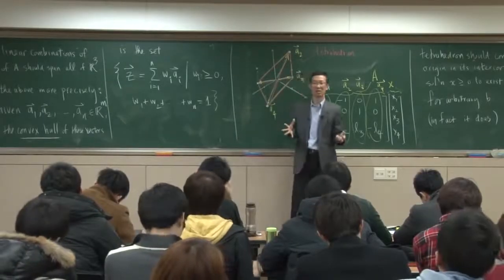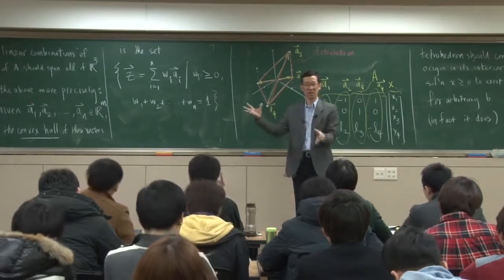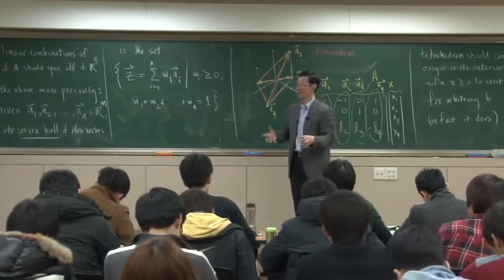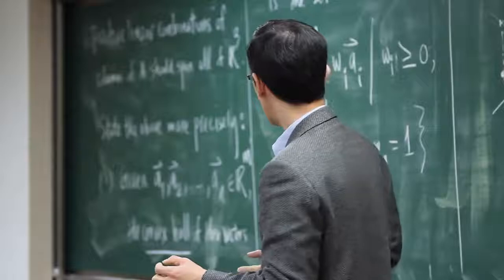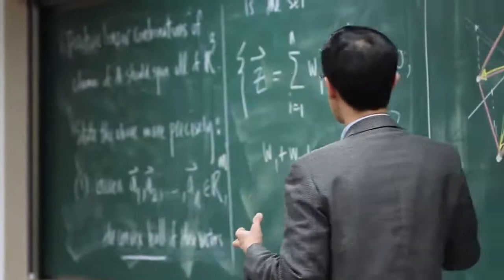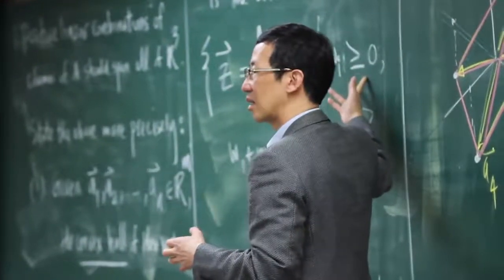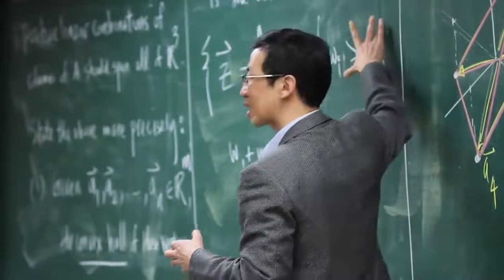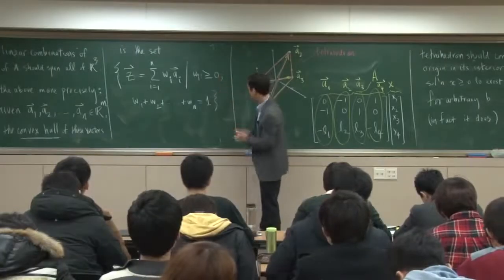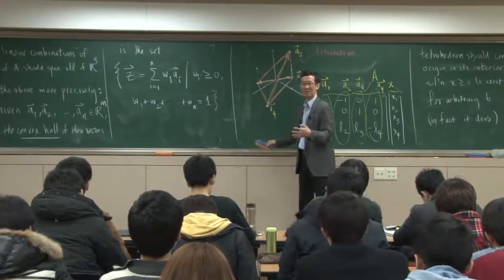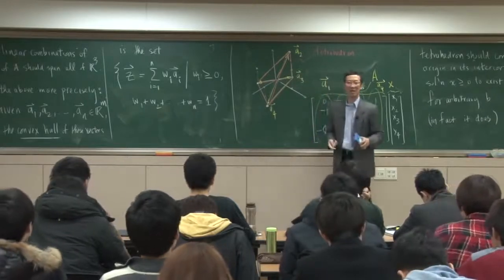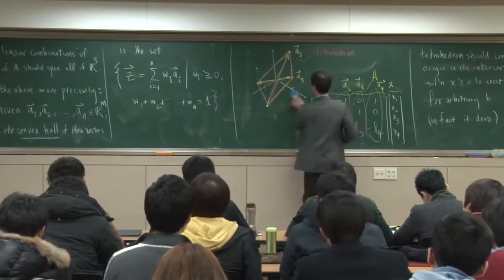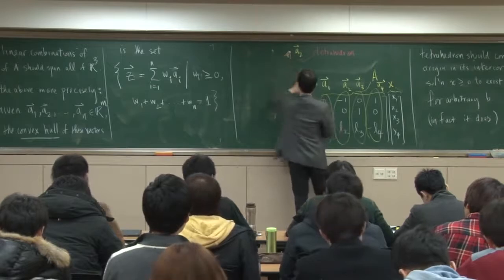So that's the convex hull. Given a collection of vectors or points in Rm, its convex hull is defined by this set. If you're seeing something like this for the first time, it might seem rather messy. In fact, it's not. Let me show you with a few examples.